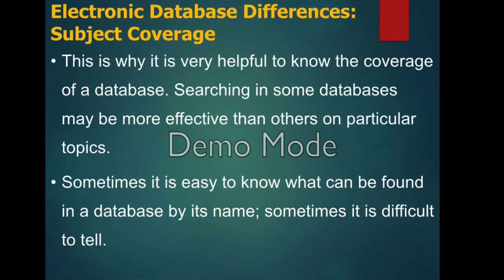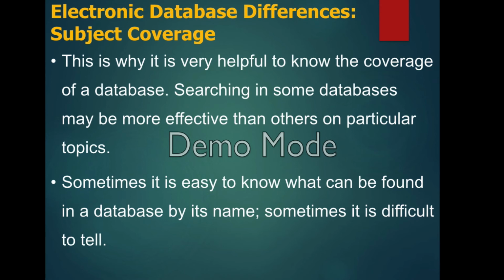So it is better to look for a database that has something to do with the area that you are researching on. You see, assuming you are looking for information on electronic and electrical engineering, you might be interested to go into IEEE, which is the main focus of electronic and electrical.